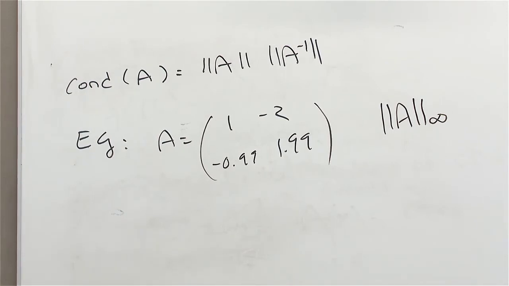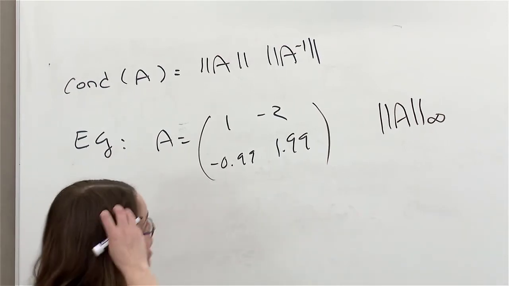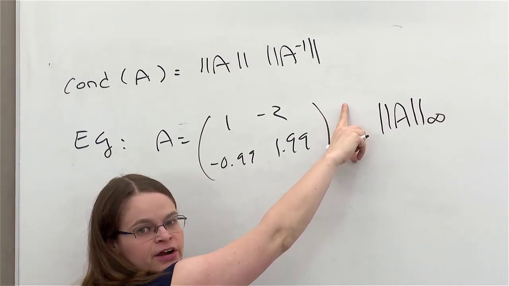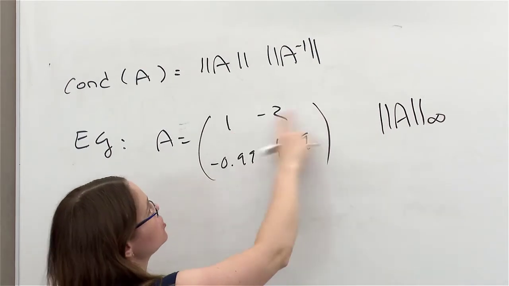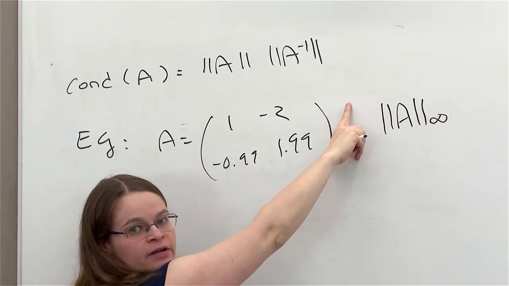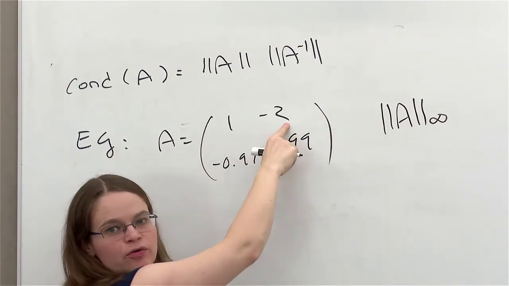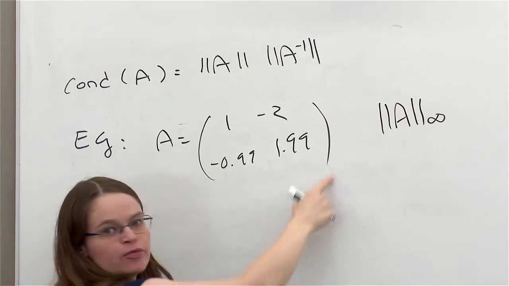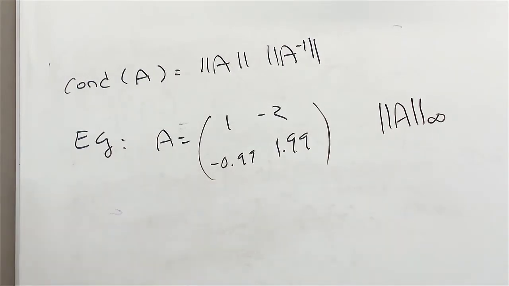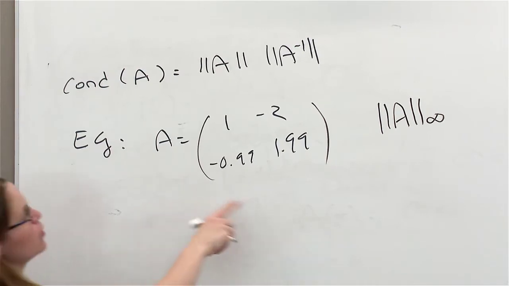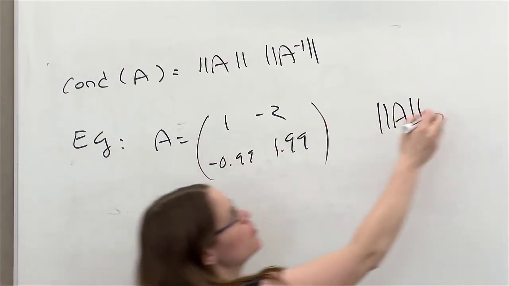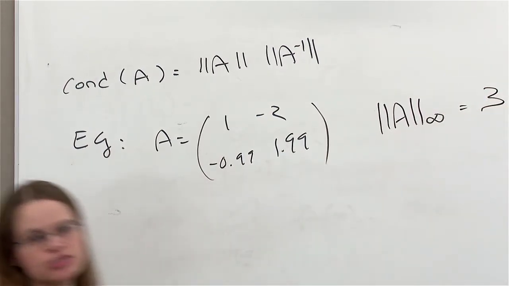So the biggest row sum. That maybe makes sense because you imagine multiplying by a vector here. Say I multiplied by the vector 1, minus 1. Then that would give me the row sum right here, and the next component would give me the row sum of this. So in this case, this is a little less than 3, this is equal to 3. So the norm of A is 3.